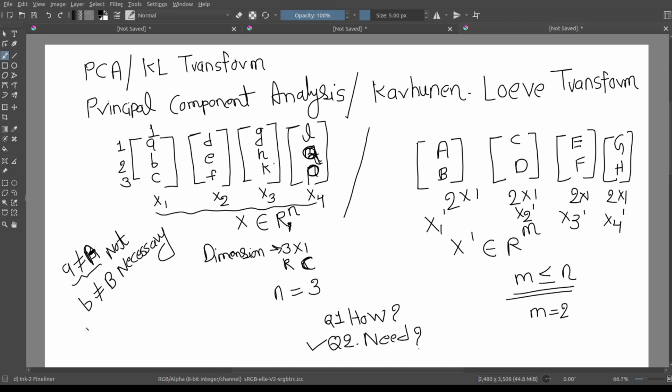So this is the advantage: we can reduce the dimensions of the vectors so that we can process them quicker with lower computational resources.